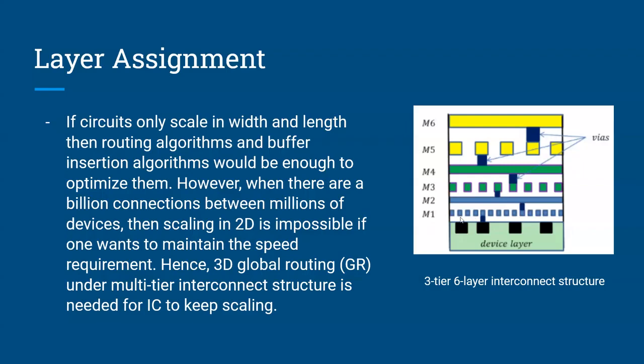So you can imagine that some nets will be on layer 2, or some nets will be on layer 6, depending on their requirements and their relationship with each other. And we have to assign these nets to these layers in a fashion that would minimize the delay between them.